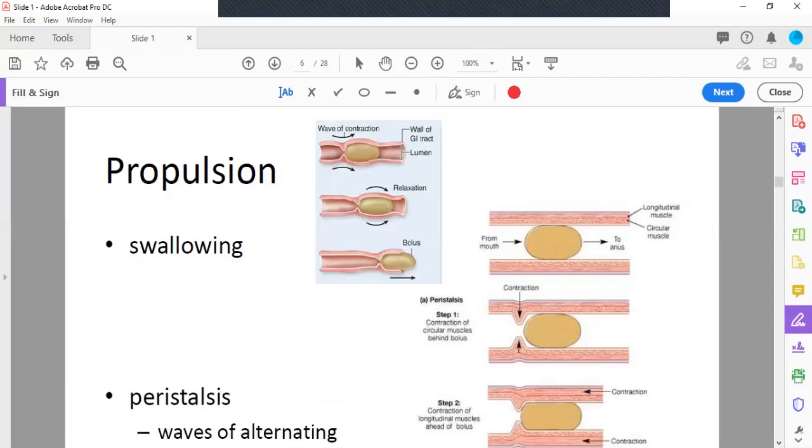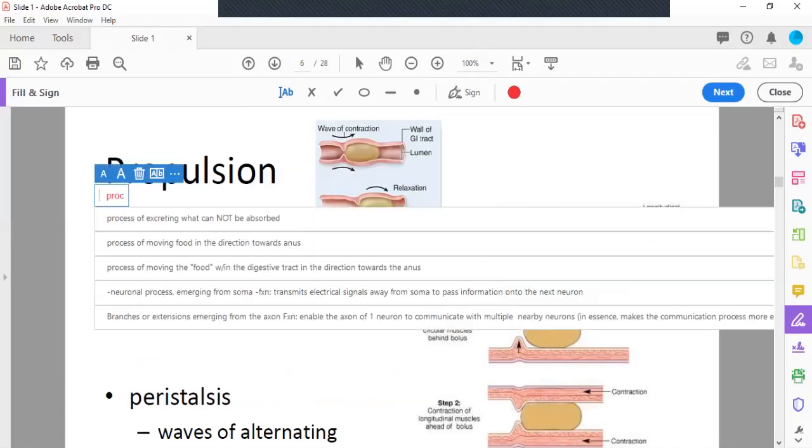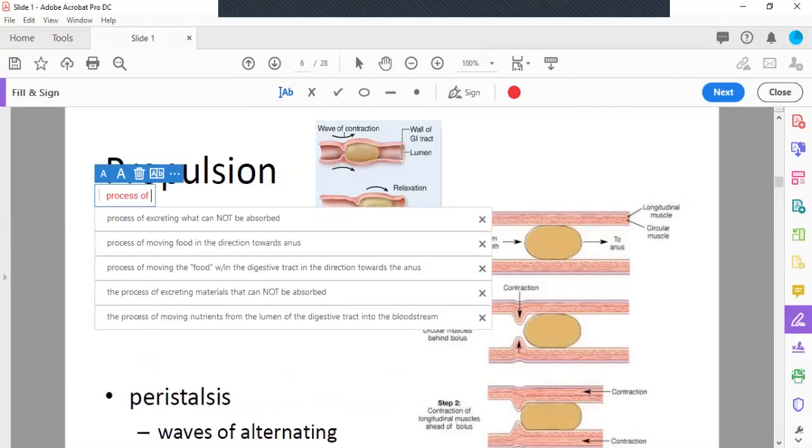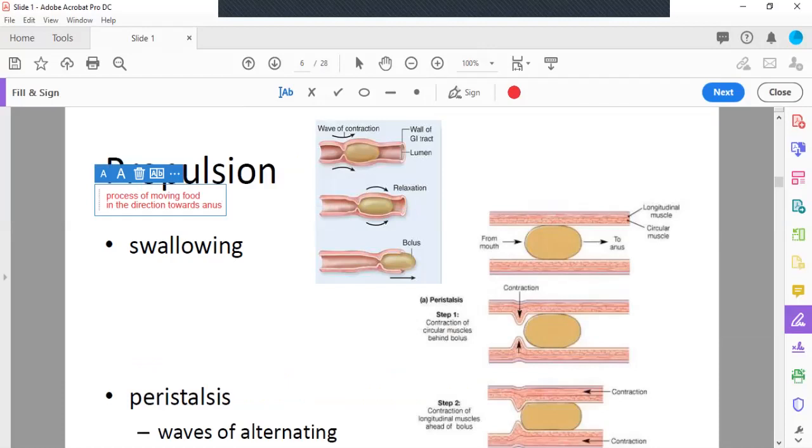Propulsion, like I said in the previous slide, means you're moving. It is the process of moving food in the direction of the anus. And so when you think of swallowing and peristalsis, these are examples of propulsion.